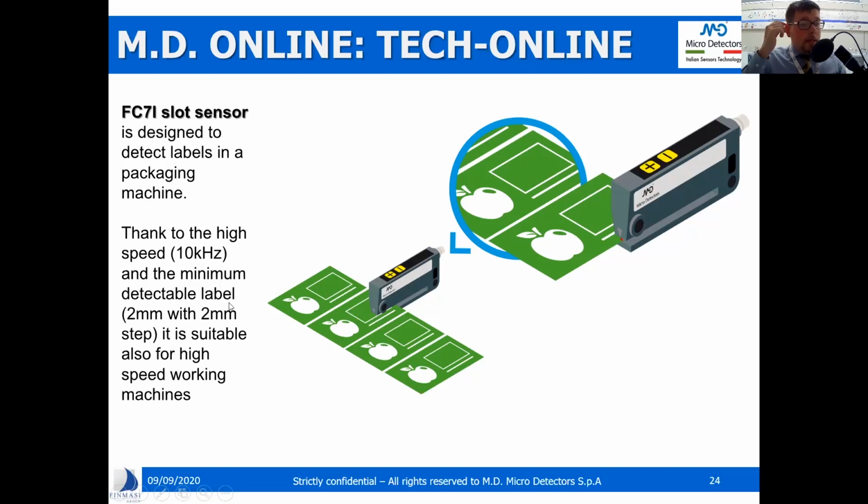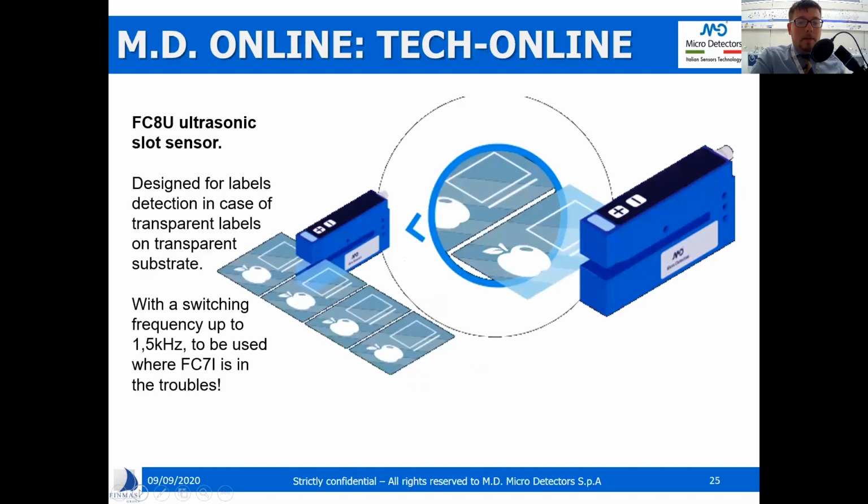And with very small dimensions of the labels themselves, 2 millimeters. While if we consider transparent labels, as I said before, we can switch for similar applications to the FC8U models.